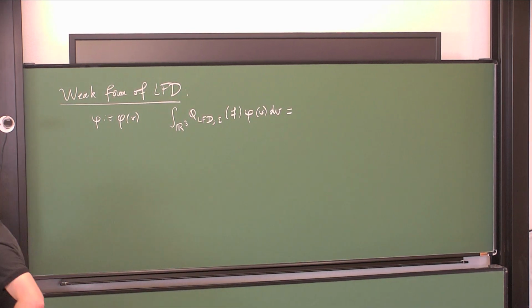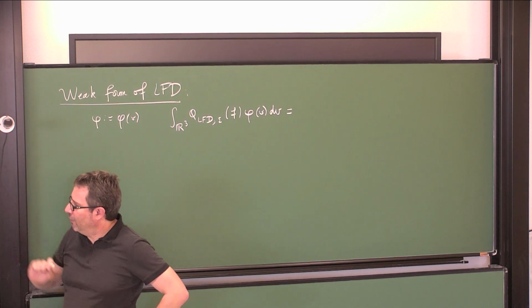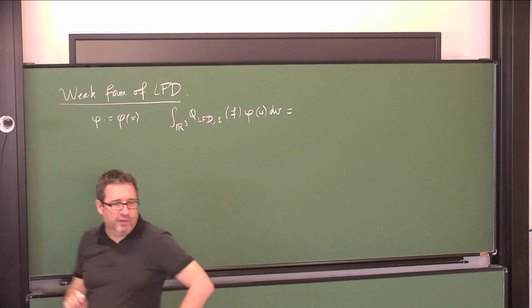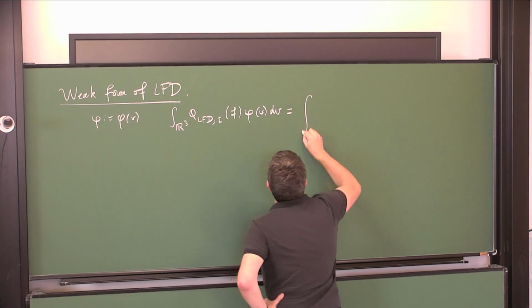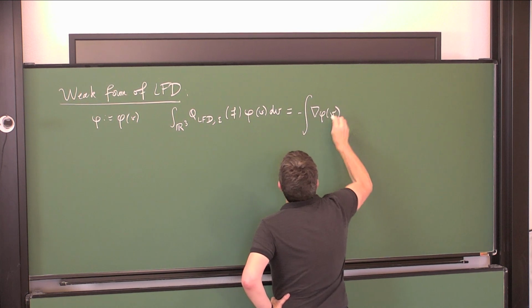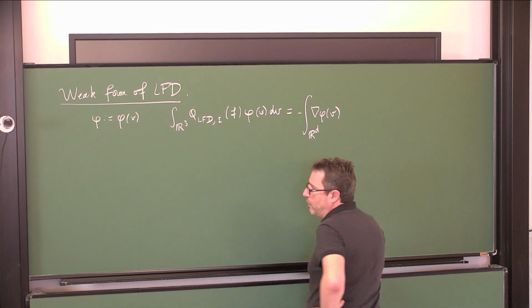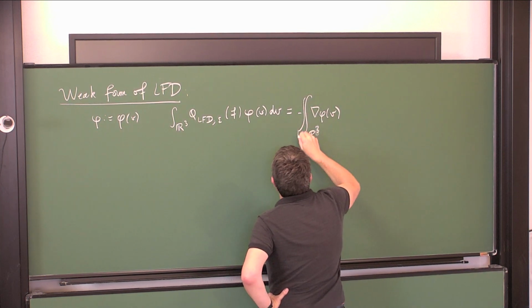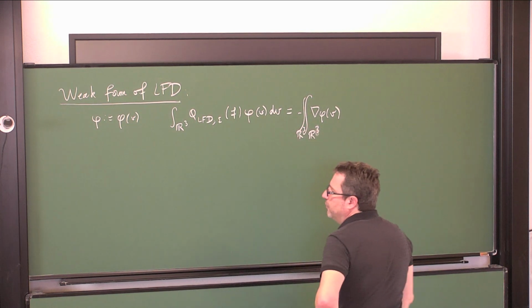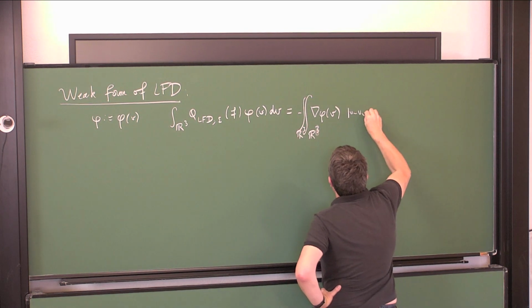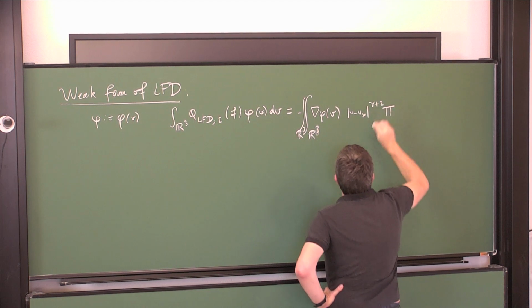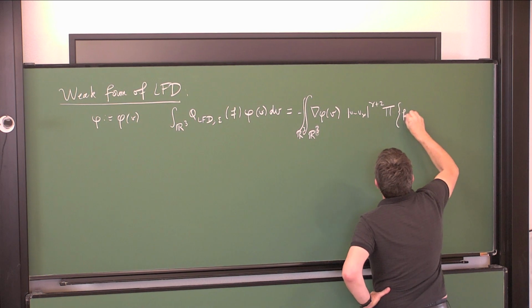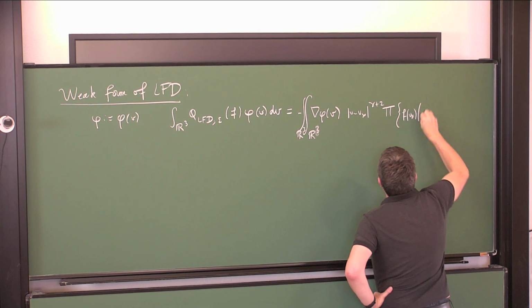So as you can see, you can do a first integration by part, and you will get minus gradient phi inside the integral. And then you have all the rest. So maybe better to keep it inside. So I do not put now the dependence of pi. And then you have all those things.